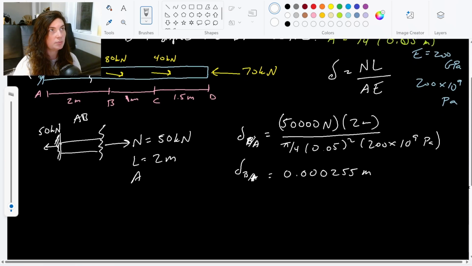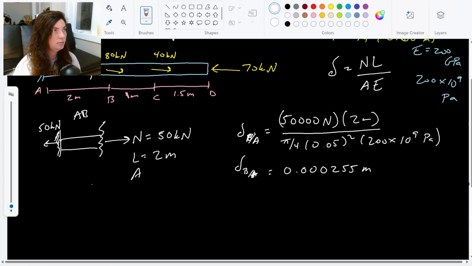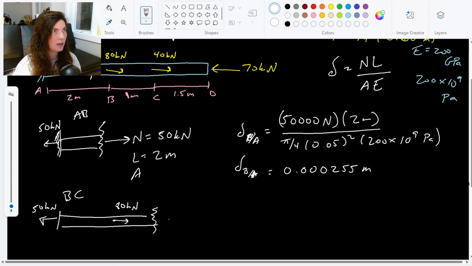So this next section, my section of BC, if I look at my section here, cut through, I have the 50 kilonewtons, the 80 kilonewtons that are actually acting at point B, and then I cut before point C. So my normal force going through here is going to be in the other direction.